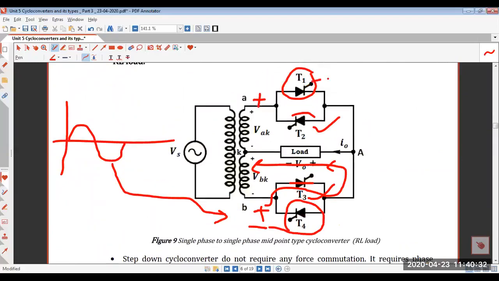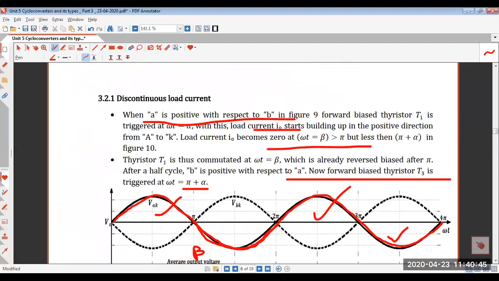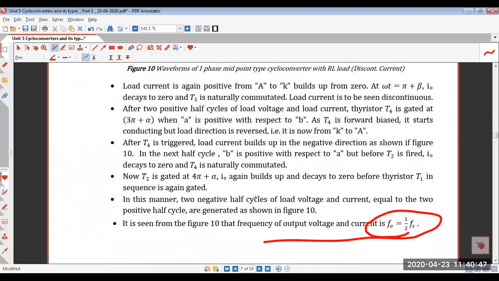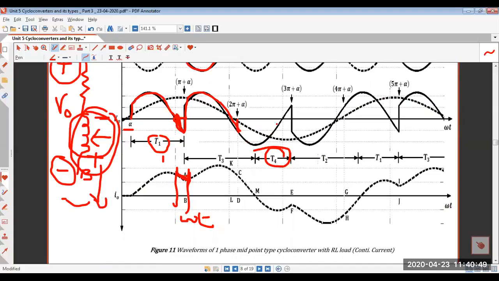T1 is also forward biased, but you will not conduct T1 because it is an SCR from the positive group. Now you need a negative output at the load. So you will trigger T4 for that, and you'll get a negative response here. And similarly for T2. Then again the next cycle will come, and like this.